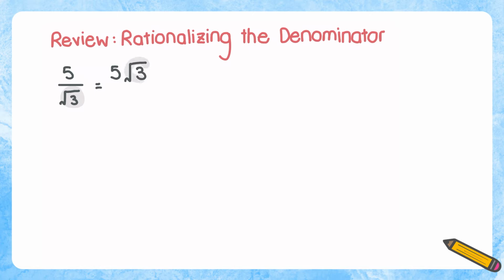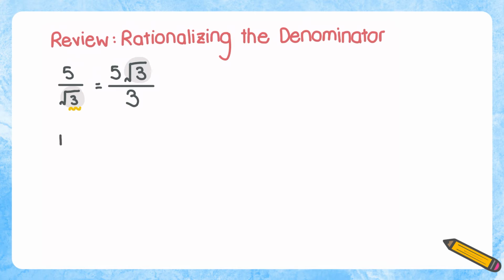So we bring up the radical 3, and then we put this over the radicand, the number inside the radical, which is 3. So 5 over radical 3 becomes 5 times radical 3 over 3 because we want to always rationalize the denominator.